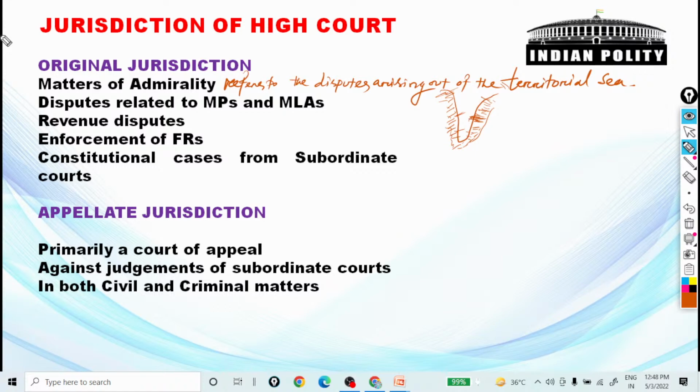It is because of the supremacy of the fundamental rights in our democratic political system. Then constitutional cases from subordinate courts also form the original power of the Supreme Court. Marriage, divorce, company law disputes come under the original power of the High Court.